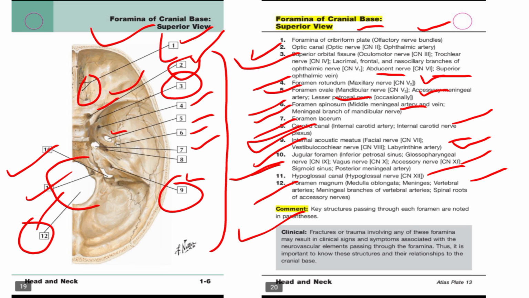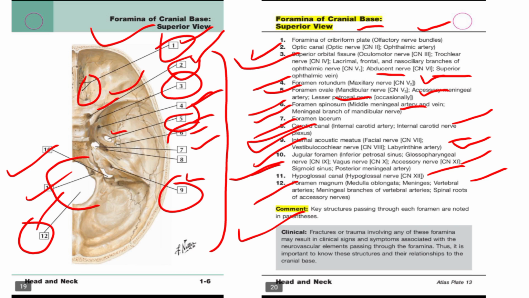First we have the foramina of the cribriform plate, it is the olfactory nerve bundles. Second we have the optic canal, and the third, superior orbital fissure. Fourth, we have the foramen rotundum. Fifth is of oval shape, it is the foramen ovale. Sixth, we have the foramen spinosum.